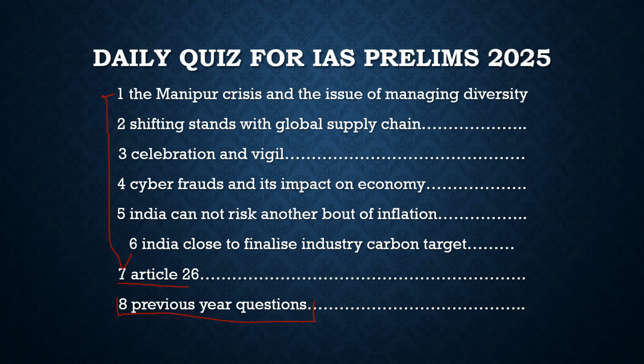But if you have noted down these questions or have screenshots of them, you can just revise these questions. These questions would definitely connect you with the current affairs and with the static portion which we will discuss till our exams.